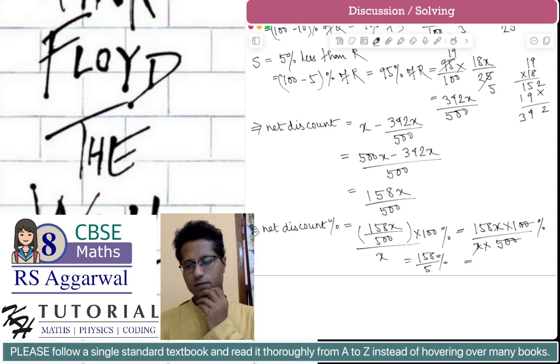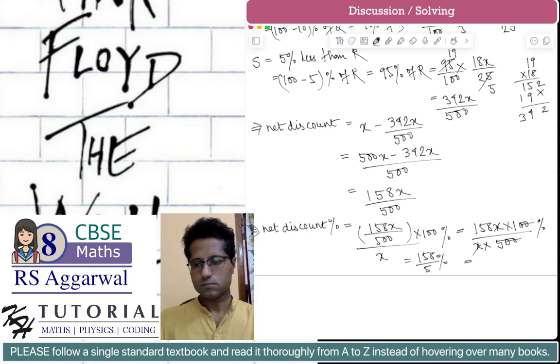Now 158 by 5 percent. Always when you have a result of percentage as an improper fraction, always convert it to a mixed fraction or a decimal.